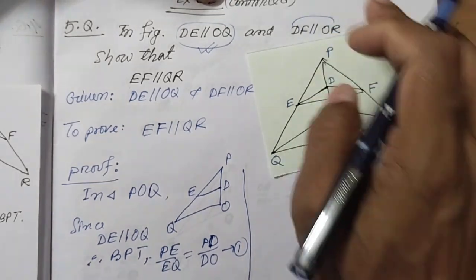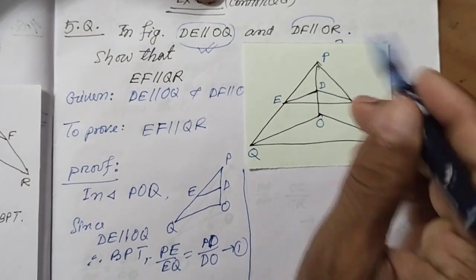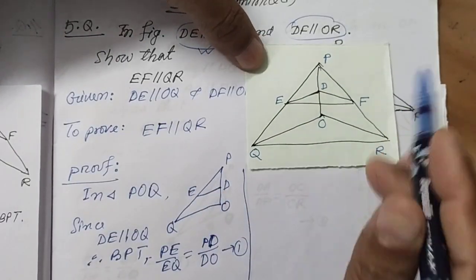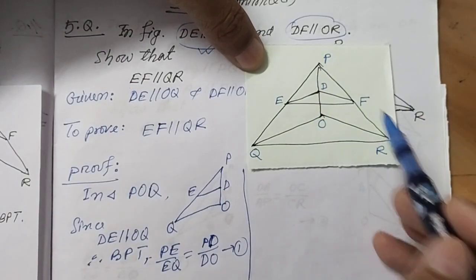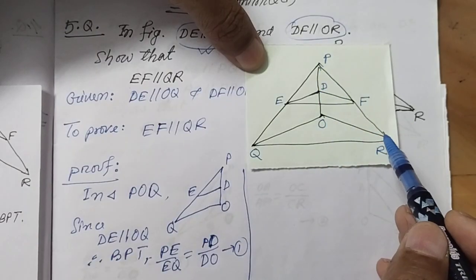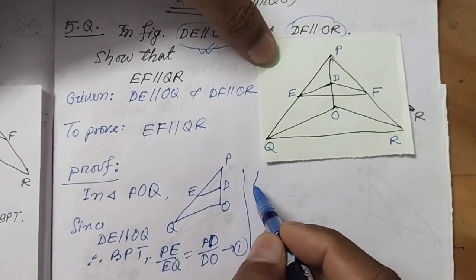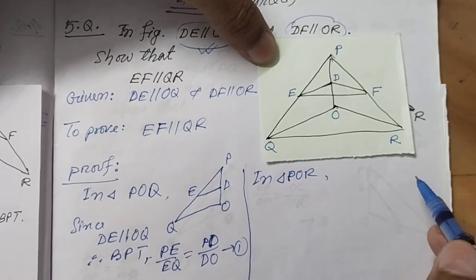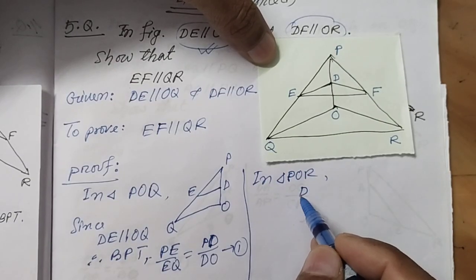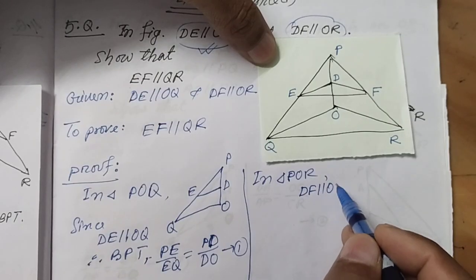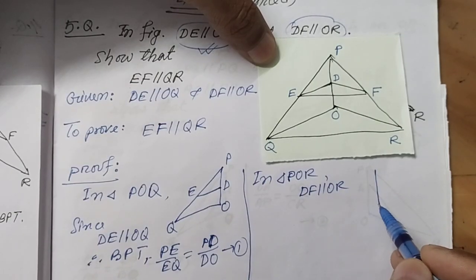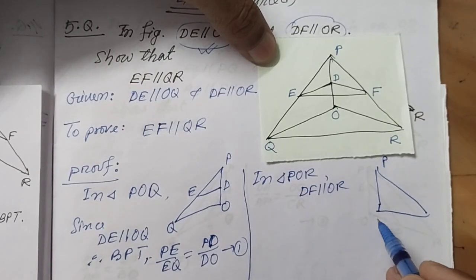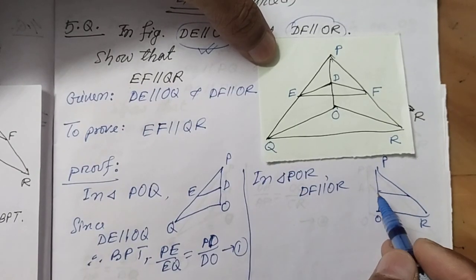See the second condition: from which triangle are you going to get it? You see DF parallel OR. So we have to take the triangle POR. So I am drawing separately here. In triangle POR, what is given? DF parallel OR. This is DF.